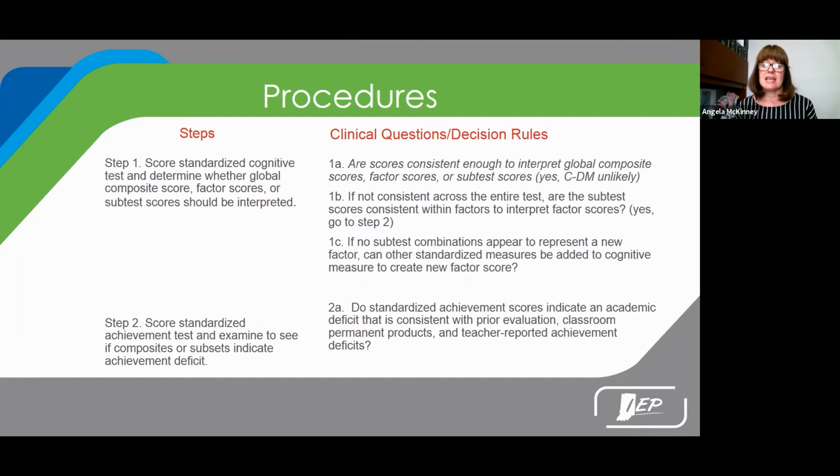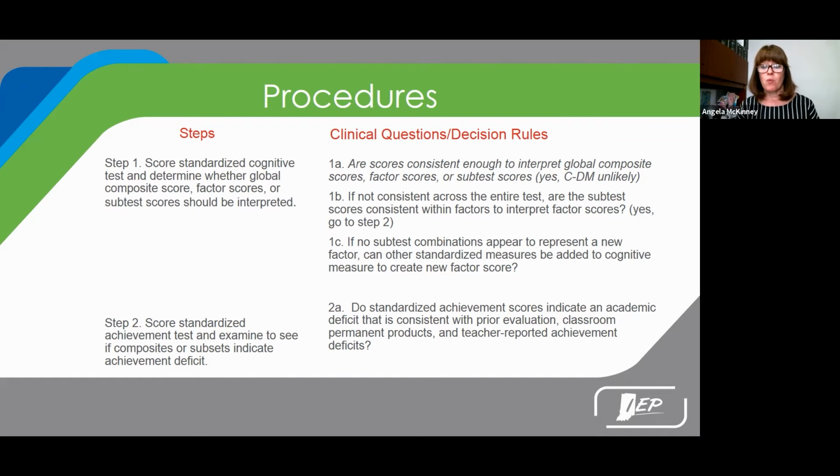So it gives you step-by-step pieces of whether or not to use the information, or whether you have to figure out a new factor, or add some other information in to be able to create a score that's usable.